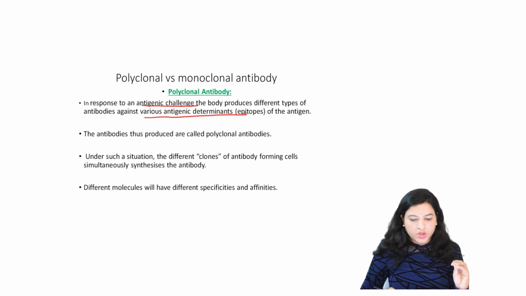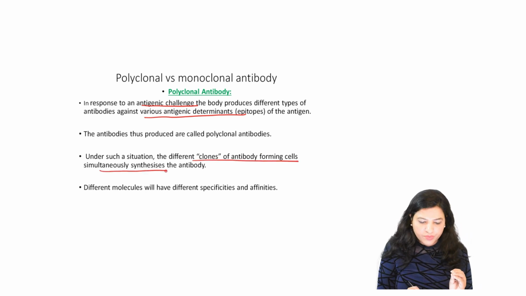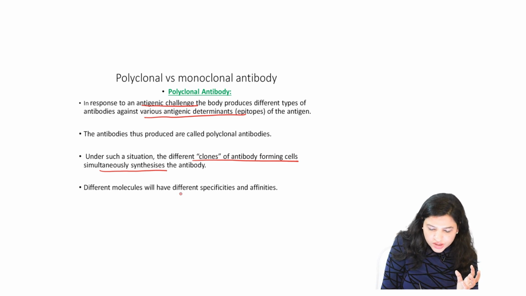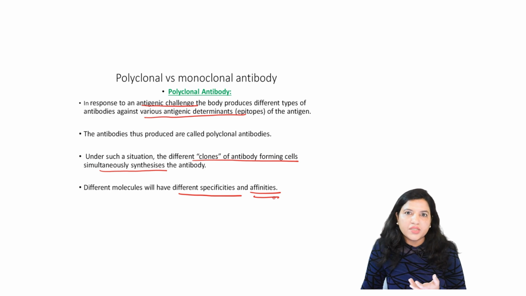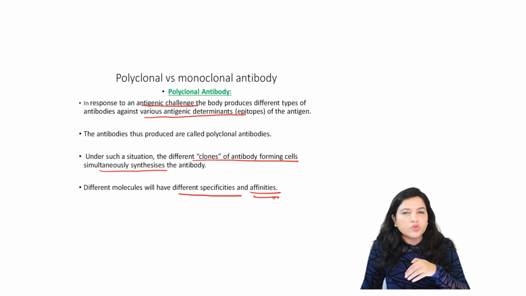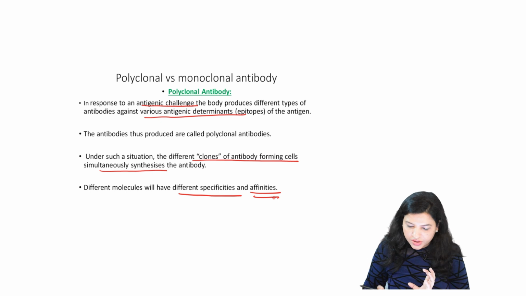Under such a situation, different clones of antibody forming cells are synthesizing the antibody, and these molecules will have different specificities as well as affinity. That's very simple to understand. So antigenic challenge, different epitopes, a variety of antibodies are produced with different specificities and affinities. That is called polyclonal antibodies.